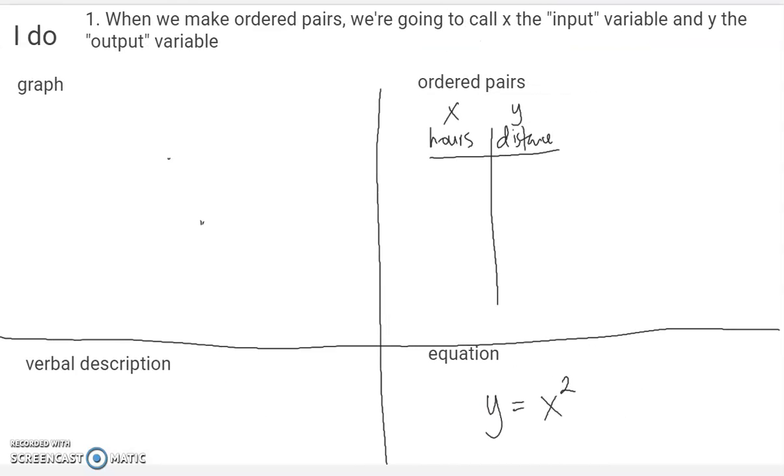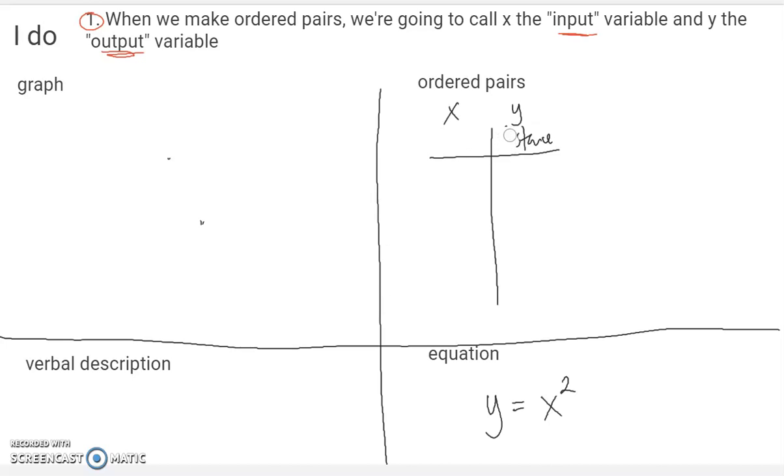So as we do this, we're going to make three main changes to what we've been doing. First, when we make ordered pairs from an equation like this, we're going to call x the input variable and y the output variable. We've always kind of known what they were, right? x is hours, y is distance. That's going away now.